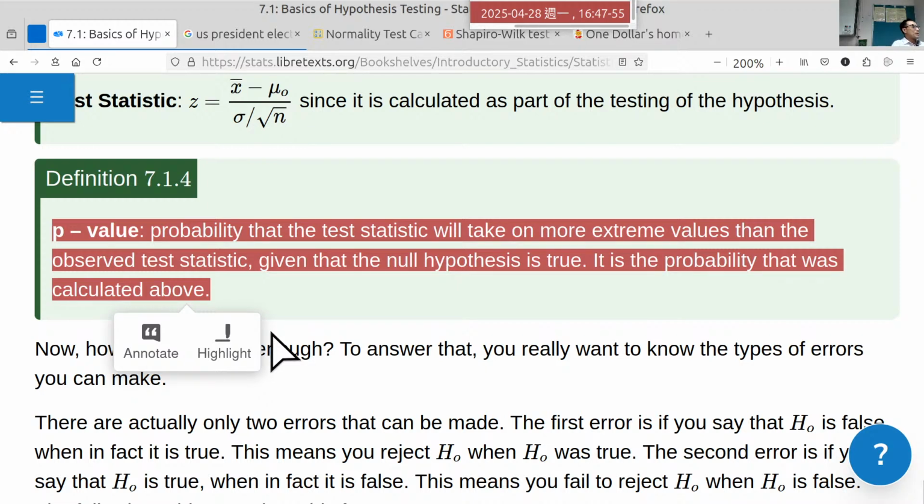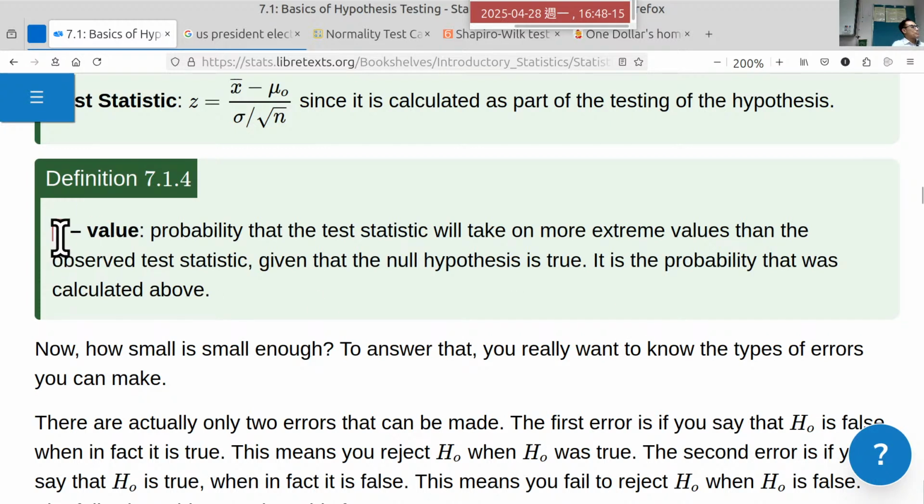It is the probability that the test statistic will take on more extreme values than the observed test statistic, given that the null hypothesis is true. It is the probability that was calculated above. Again, p-value, the p means probability.